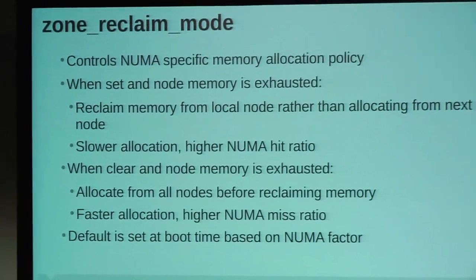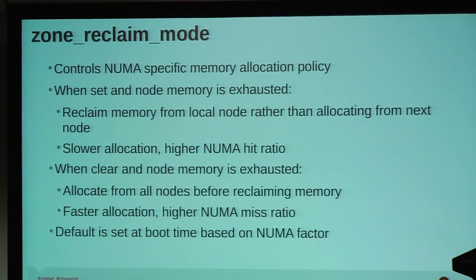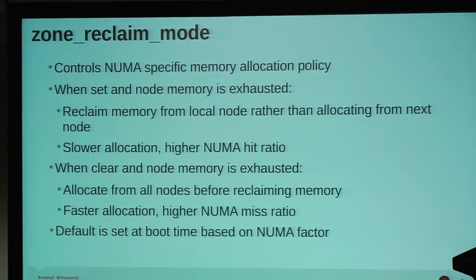So what I wanted to say is, this is putting the cart before the horse just a little bit, but when the system boots, it actually goes and looks in the BIOS and calculates the internode memory reference speed. And if that speed is not fast enough, what will happen is it'll set a tunable called zone reclaim mode.